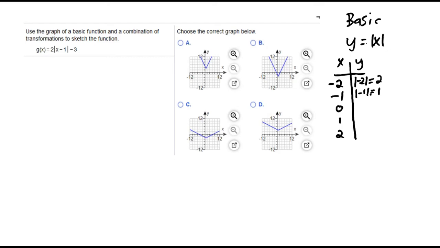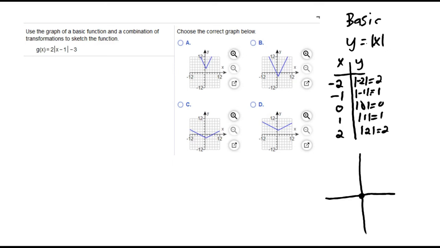Absolute value of -1 is +1. Absolute value of 0 is 0. Absolute value of 1 is 1. Absolute value of 2 is 2. So now we have a set of ordered pairs, and we can draw the graph.